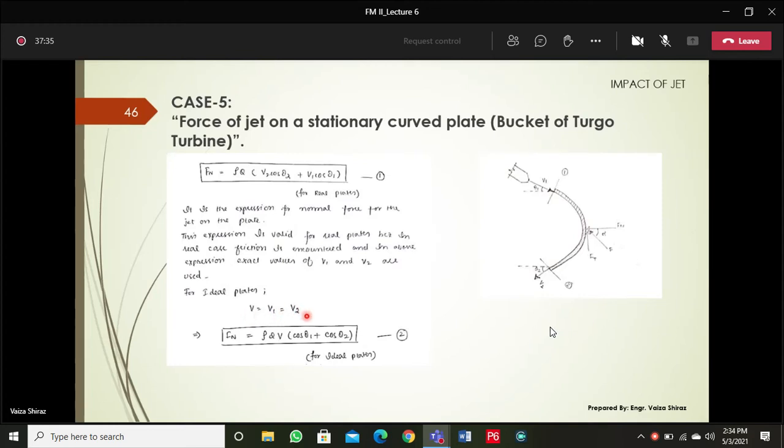You can assume that you don't have any loss during the movement of the jet along the plate. This will be your ideal condition. So in that case, if you replace v1 and v2 with v, your Fn will be rho q v cos of theta 1 plus cos of theta 2. This is for the ideal plates.